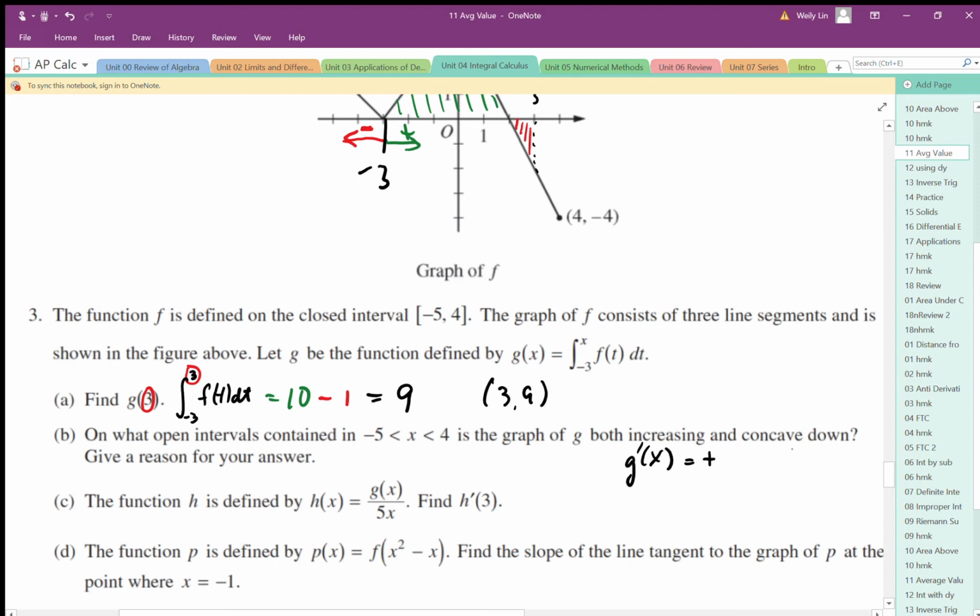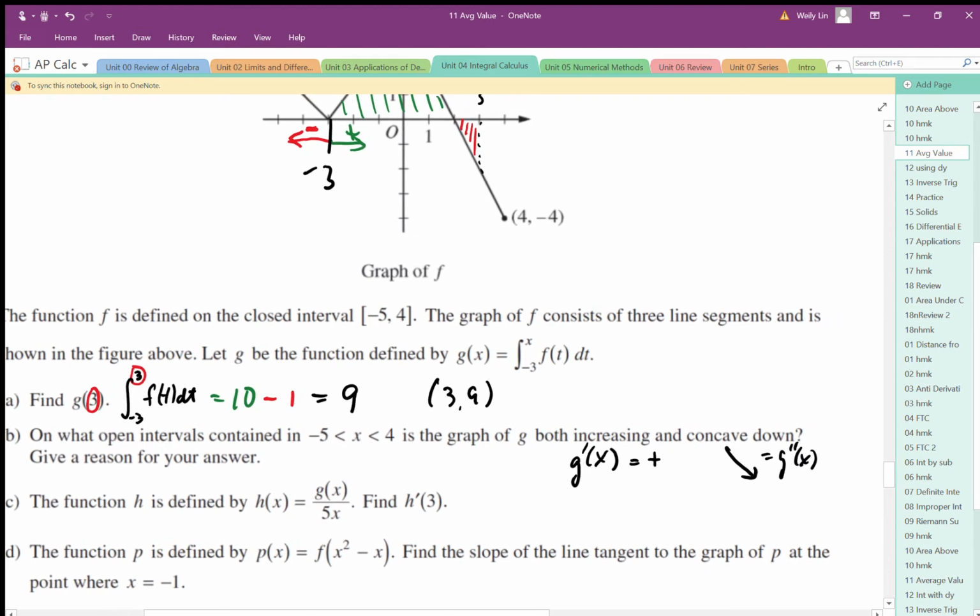Concave down means that the slope of the slope, so g prime must be decreasing, which means that g double prime is negative. So the slope on the g prime graph should be negative, which means the second derivative of g is negative. That means concave down.